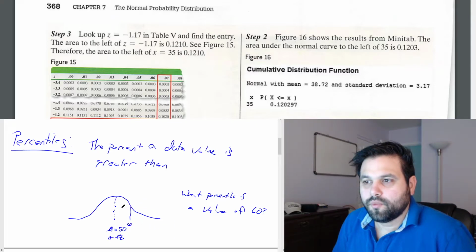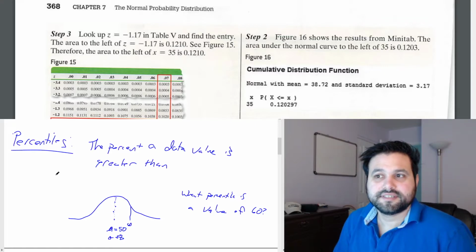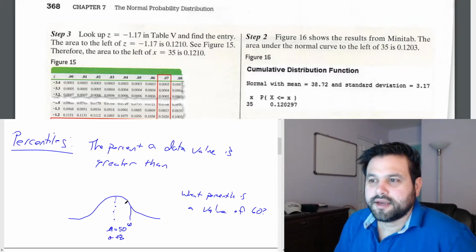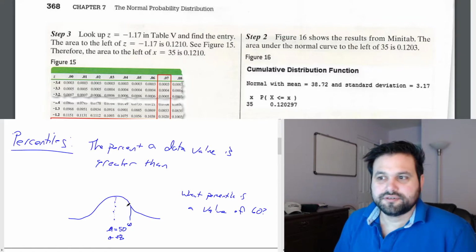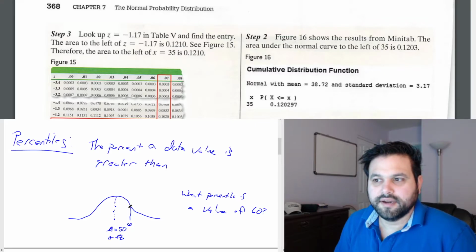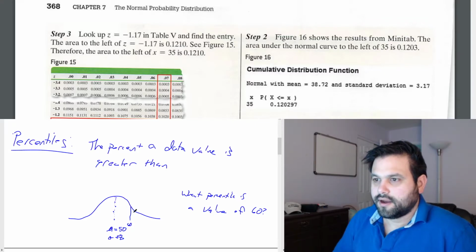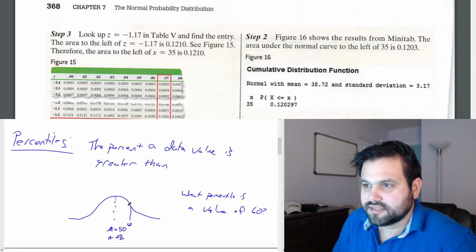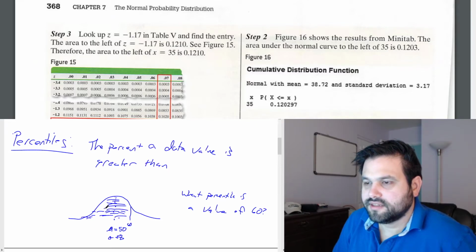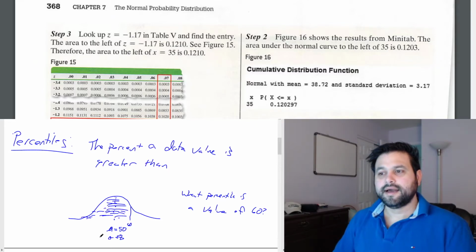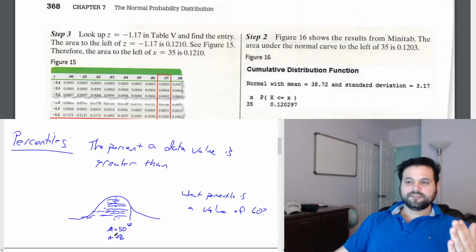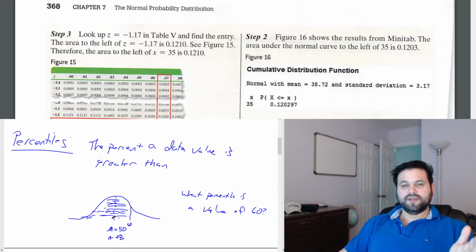And I want to know what percent is less than 60, because that's what percentile is, right? And that's just what we've done on the calculator already. So I'm trying to find this whole area, right? All the way to the left. Now, as we go further and further away from the mean, the probability of that occurring gets smaller.